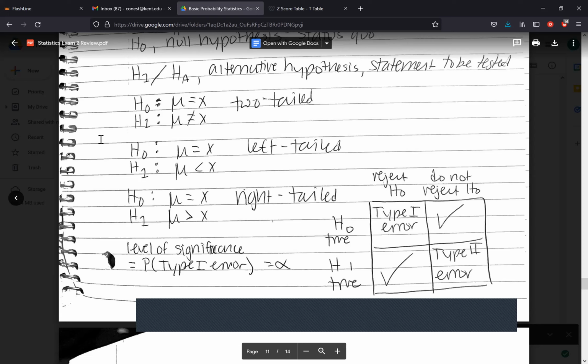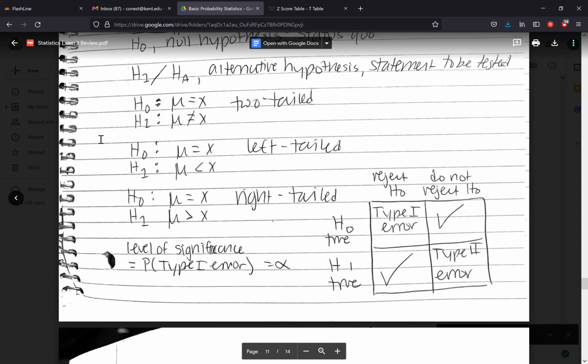A left-tailed test is when we want to see if mu is less than a value. And a right-tailed test is if we want to see whether mu is greater than a value. And keep in mind that for the null hypothesis, in class and in the examples we have gone over, we always have it being equal to a value.